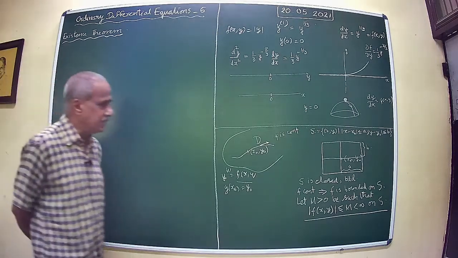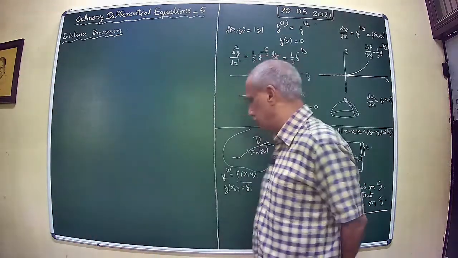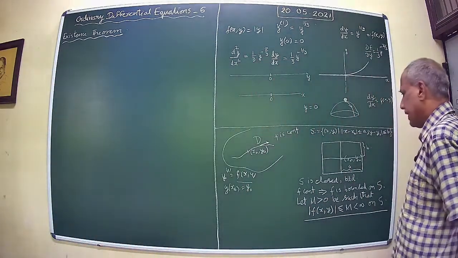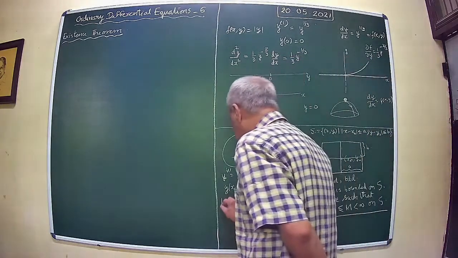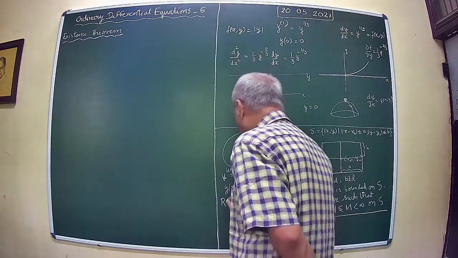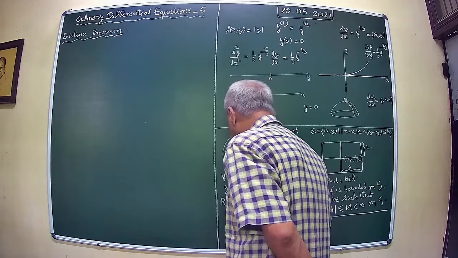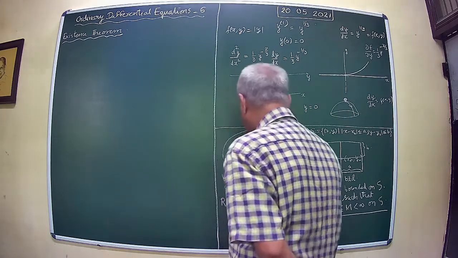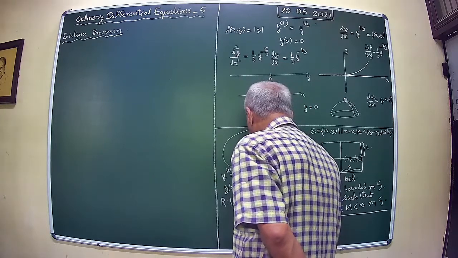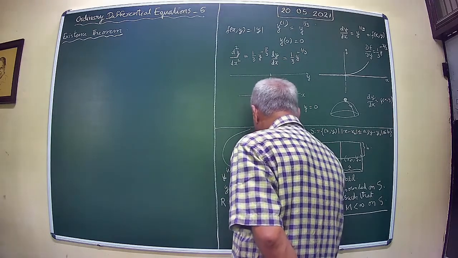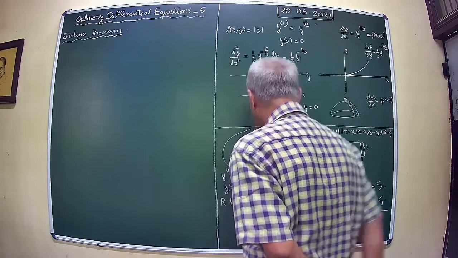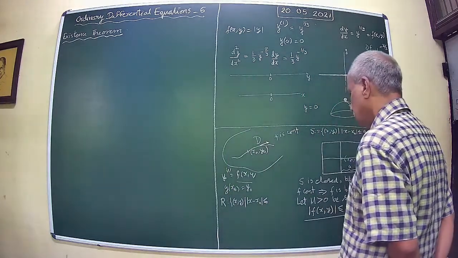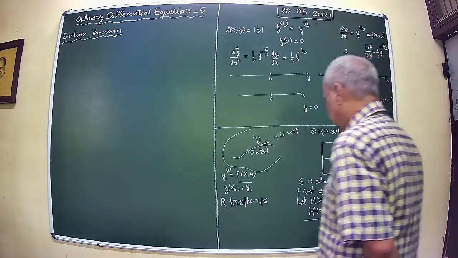Now we construct another rectangle. The other rectangle that we consider is R. R is defined as the set of (x, y) such that |x − x0| ≤ h, |y − y0| ≤ h.